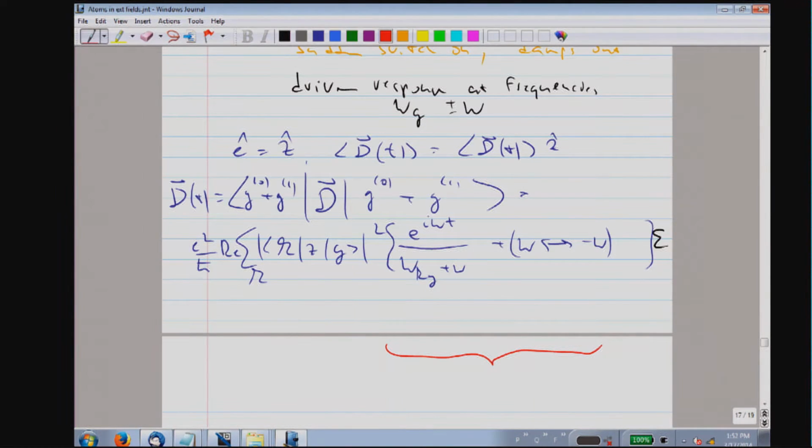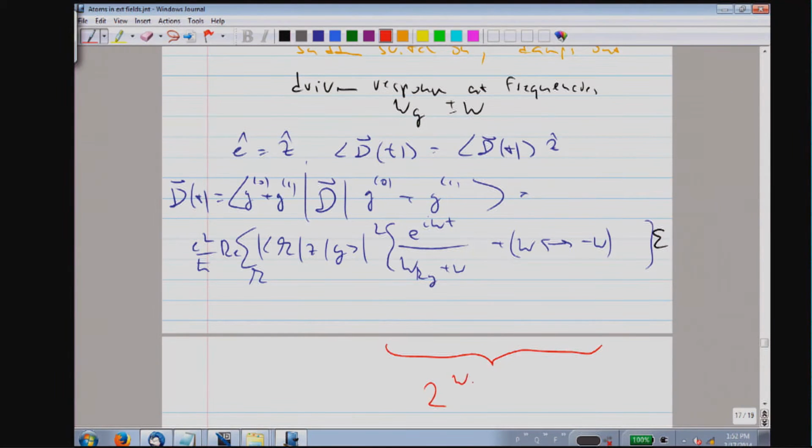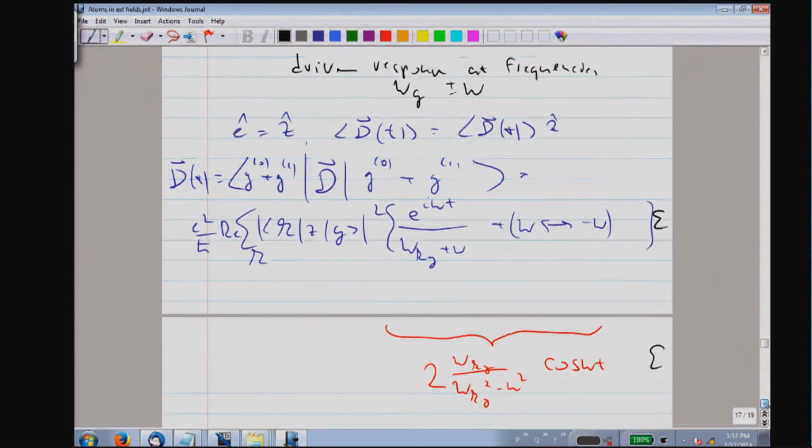and write that as 2 times omega kg squared minus omega squared times cosine omega t times the electric field.